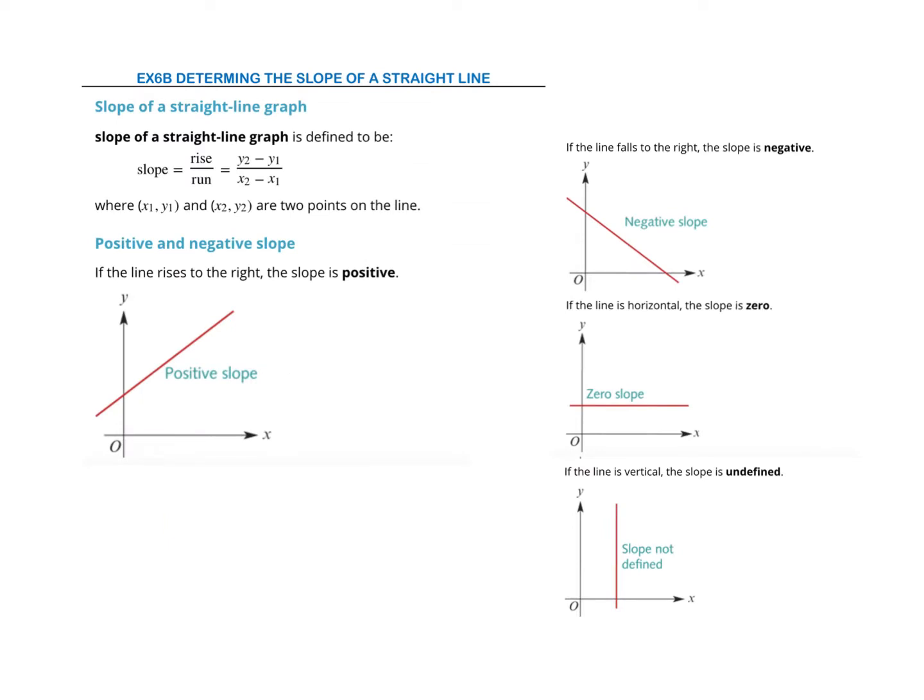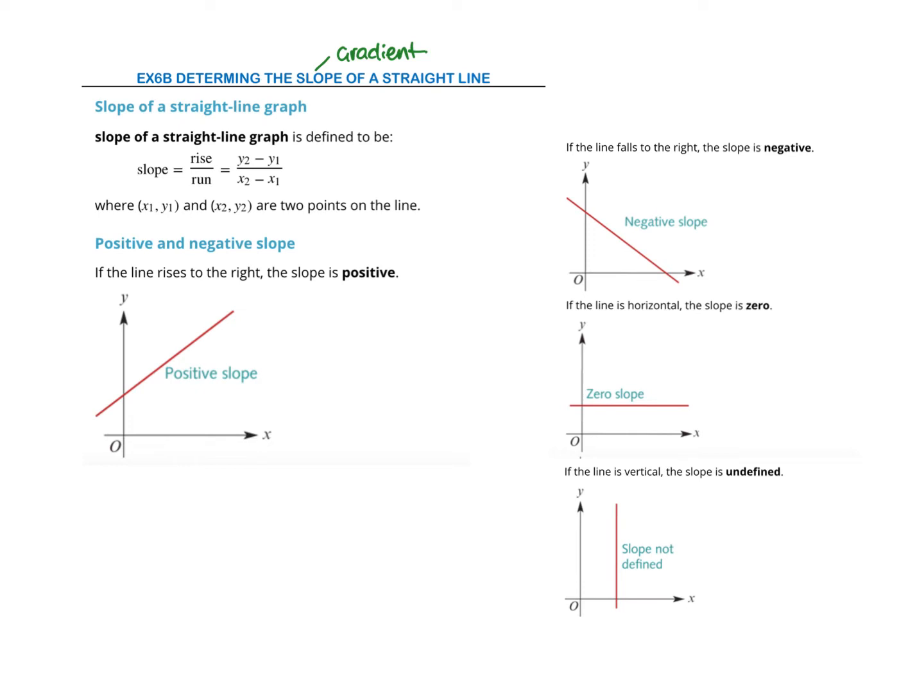But let's move on. What we're going to talk about now is the slope of that straight line. The slope is the gradient, so you might write the word gradient in there. The slope is a gradient, and it tells us the steepness.